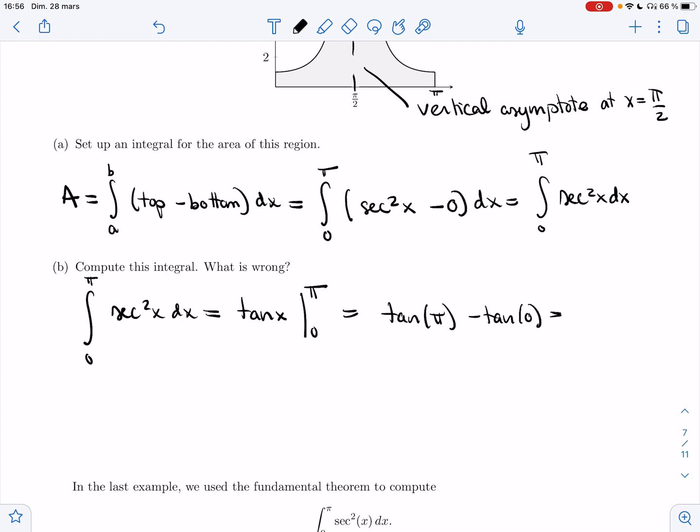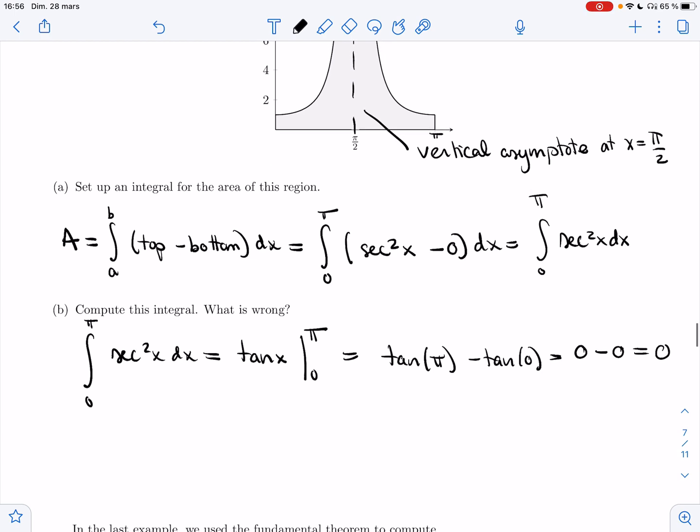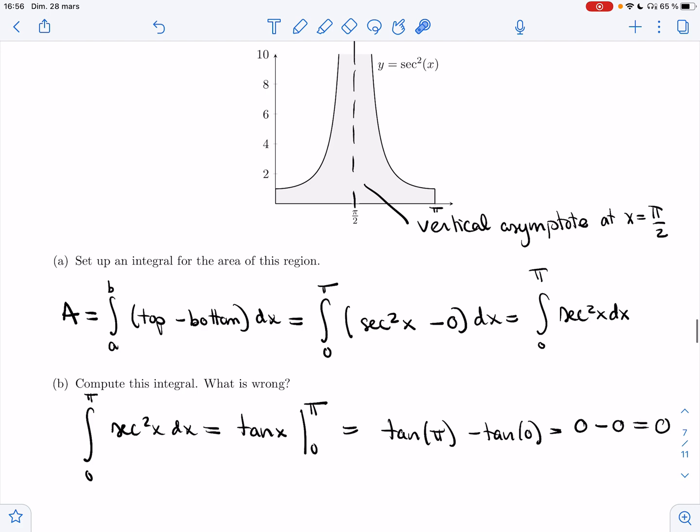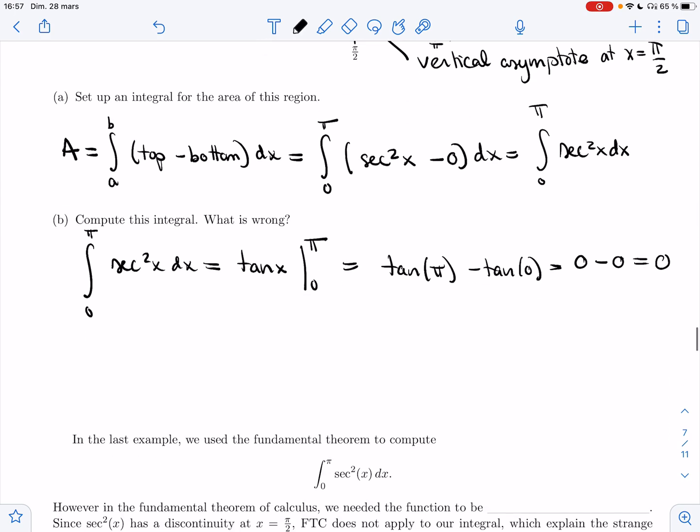Tan of pi is 0. Tan of 0 is 0. I get 0. Okay. So what we're getting is that this area here is area 0.